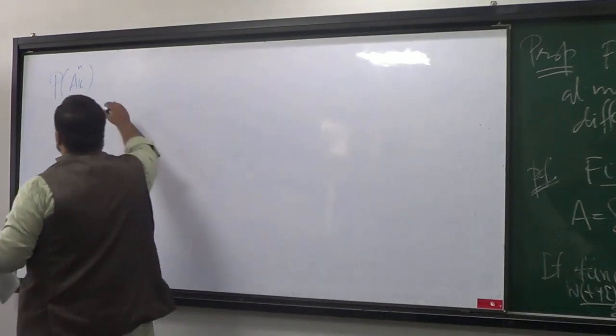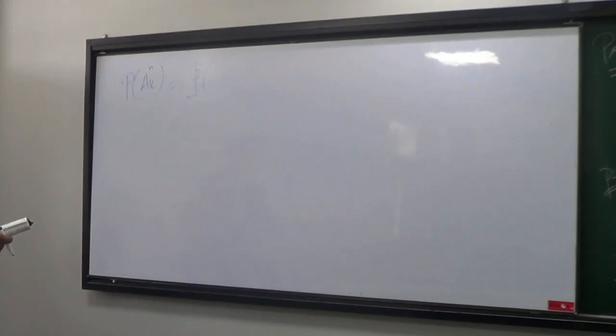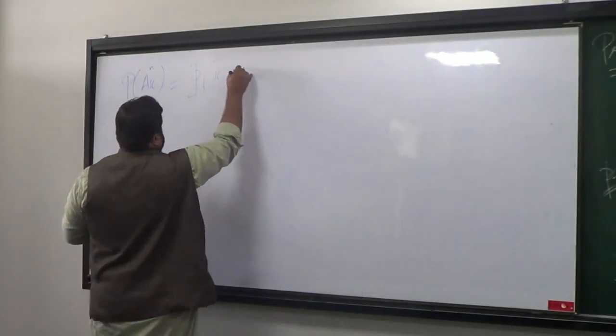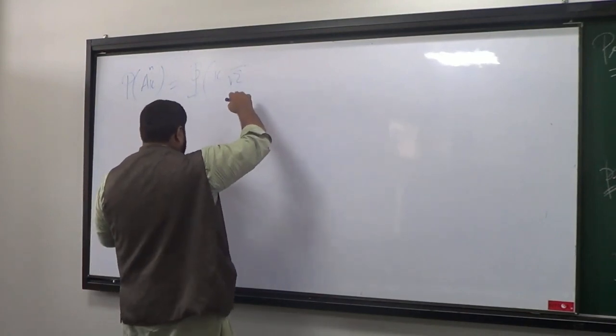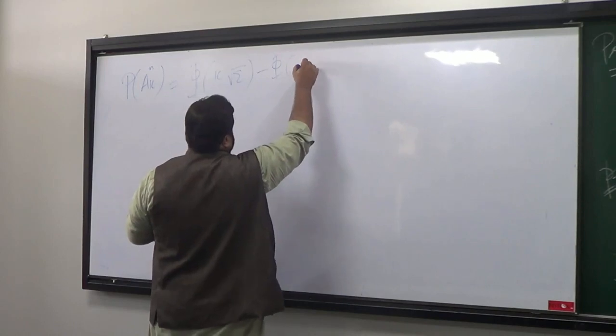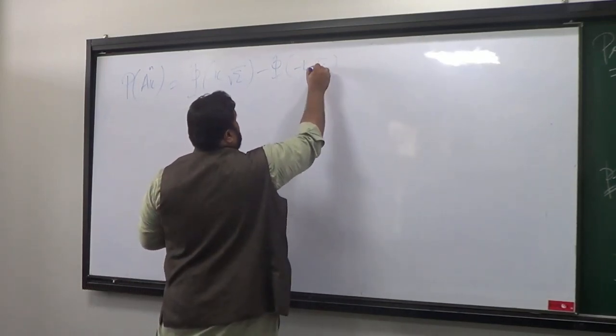So this k is going to be phi of k square root of epsilon minus phi of minus k square root of epsilon. Just figure it out. Is this going to be square root of epsilon?